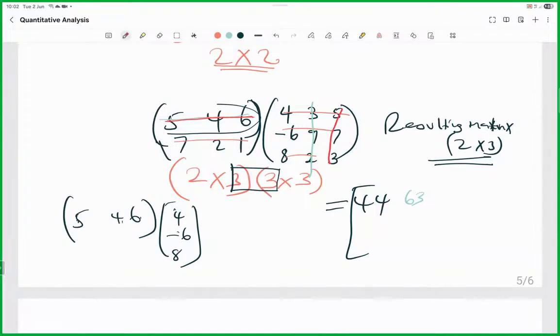Anybody getting 71 anywhere? Getting 71, third one. Anybody getting a 71?